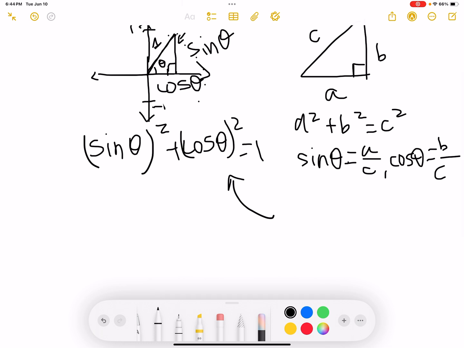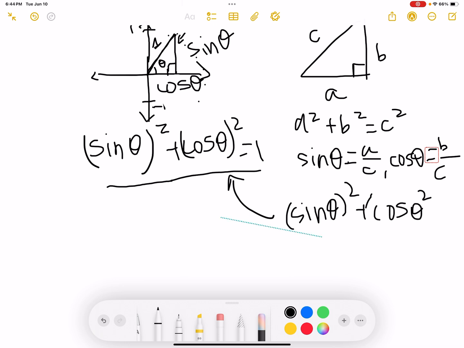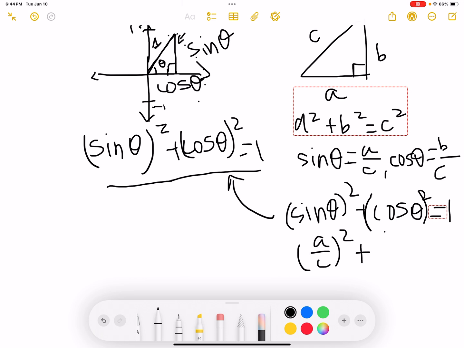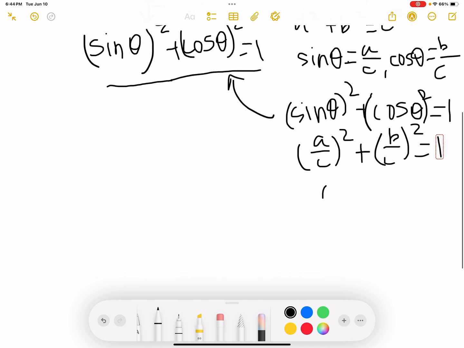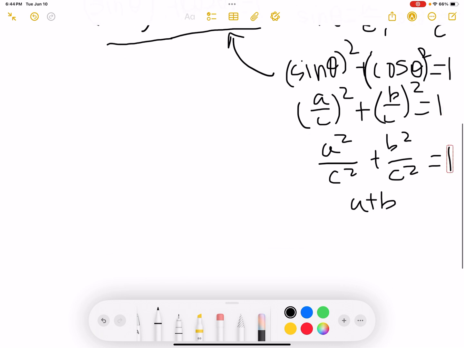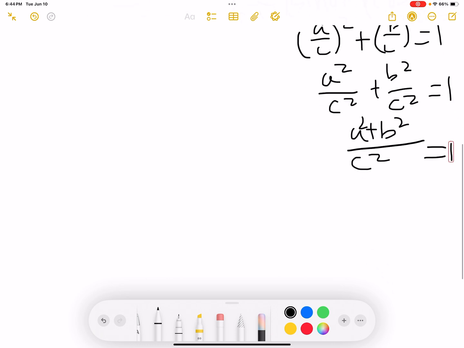Now we can plug it into this equation that we found here. So sine theta squared plus cosine theta squared equals 1. So (a over c) squared plus (b over c) squared is equal to 1. So a squared over c squared plus b squared over c squared is equal to 1, and a squared plus b squared over c squared is equal to 1 by like terms.